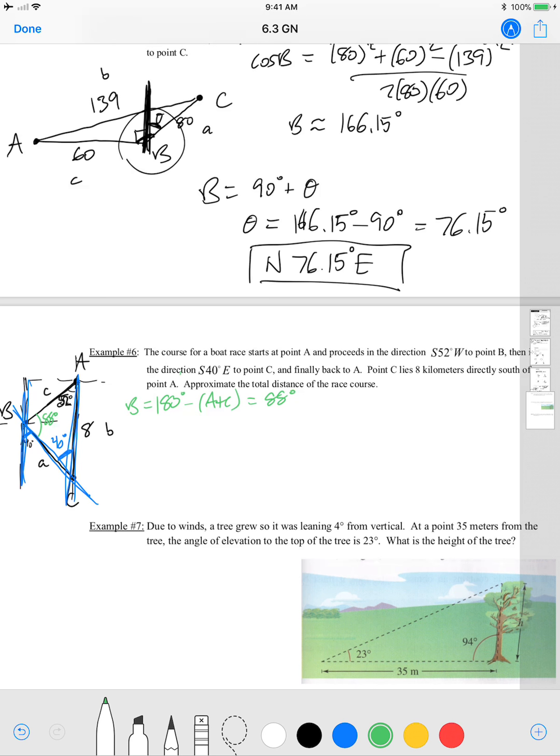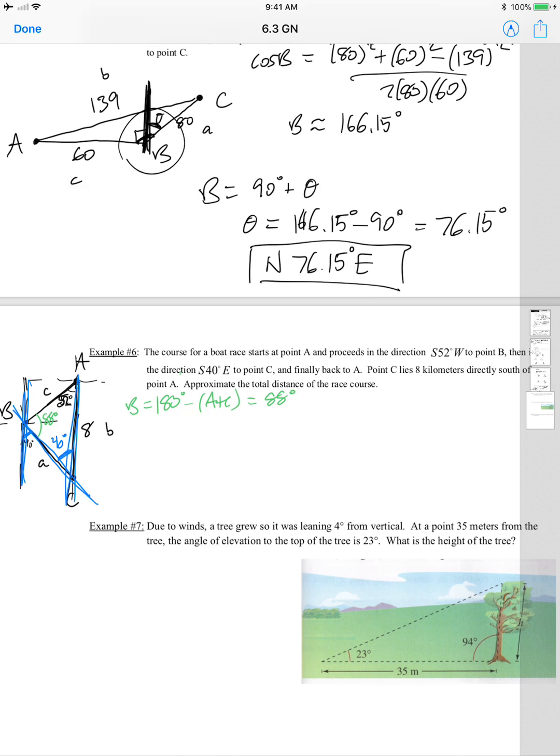I know one side length, so I'm going to go ahead and just use the law of sines because it's a little simpler. So B over the sine of angle B equals A over the sine of angle A. So A equals 8 times the sine of 52 degrees all over the sine of 88 degrees. Plug that into a calculator, round to 2 decimals, that's 6.31 kilometers.